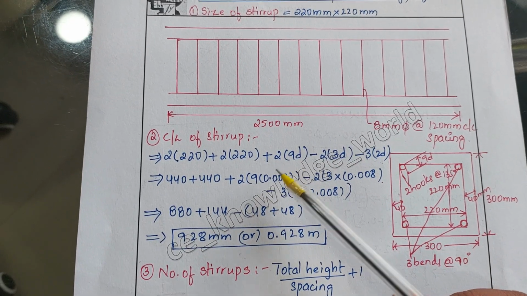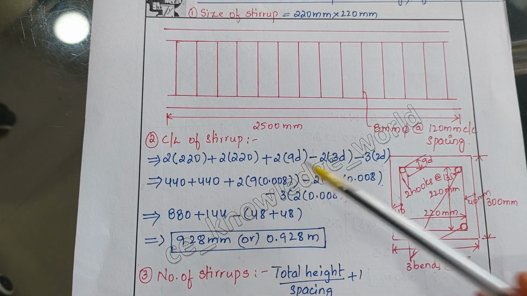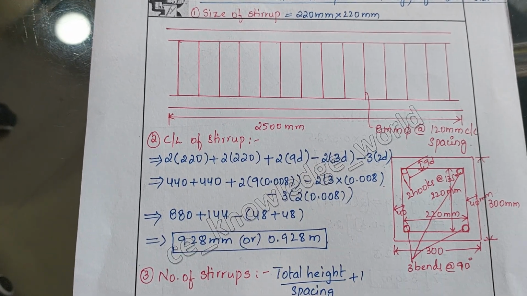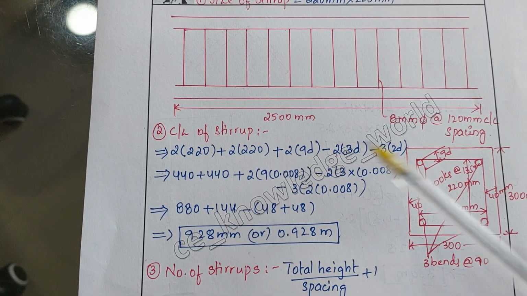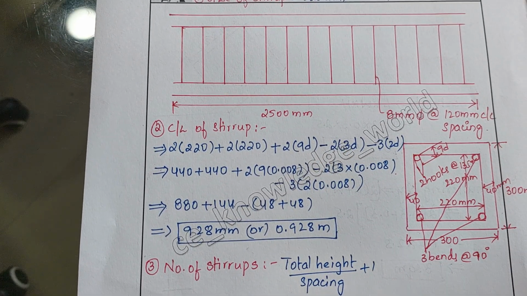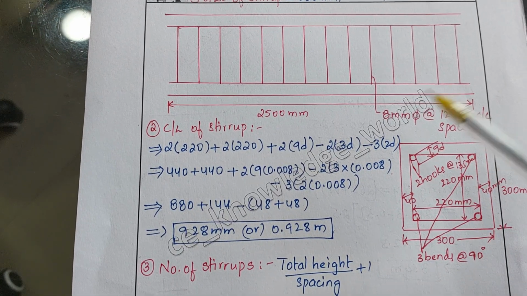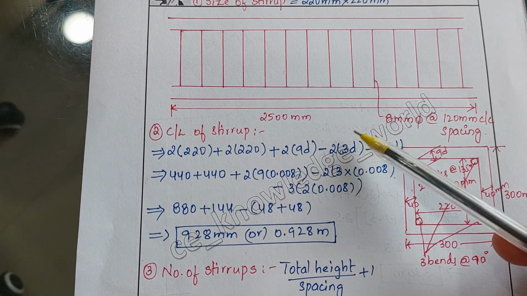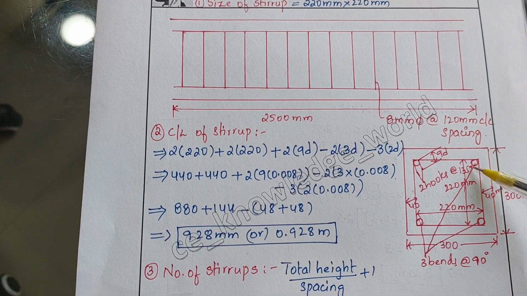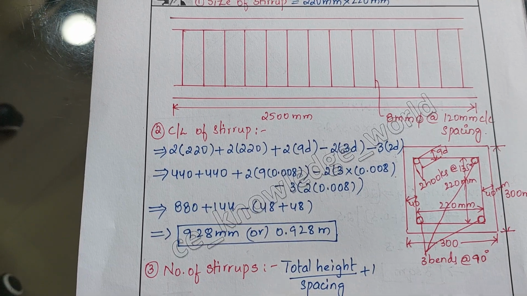So we have to add 2 into 90 for the 135 degree hooks, minus we have to deduct the bend length. So two bends at 135 degrees, for which we take 3D, so minus 2 into 3D, and there were 3 bends of 90 degrees, so minus 3 into 2D for the 90 degree bends.